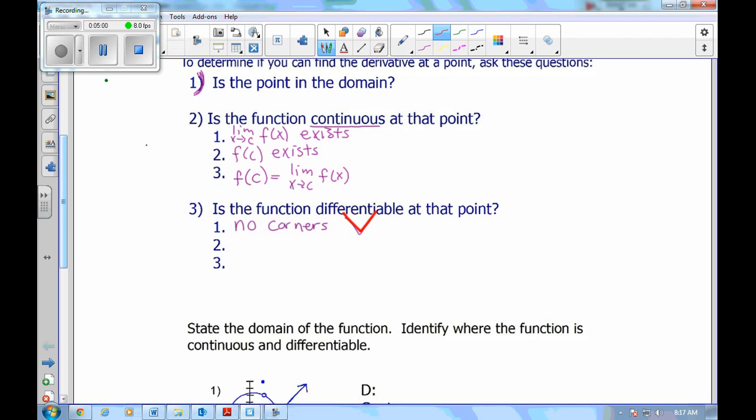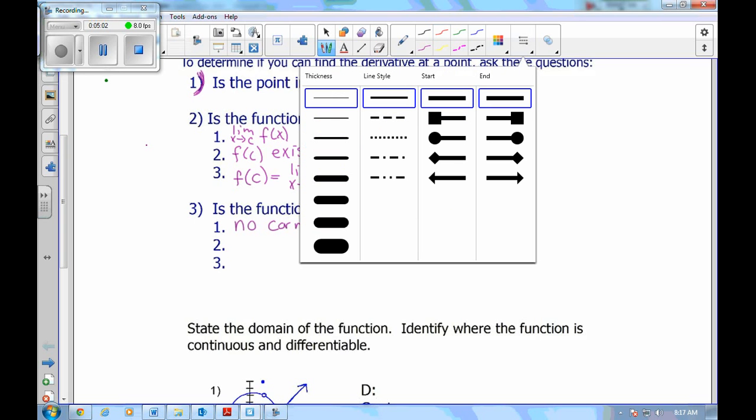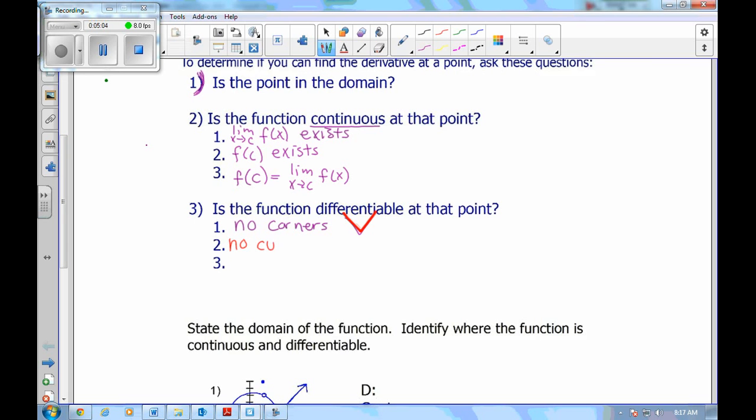Okay, also, no cusps. Cusps are kind of like curves that come into a jagged point like that. Same issue as the corners. No vertical tangents.